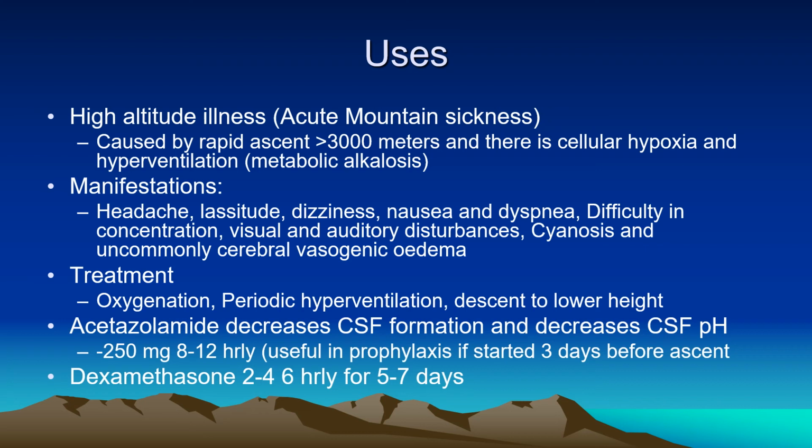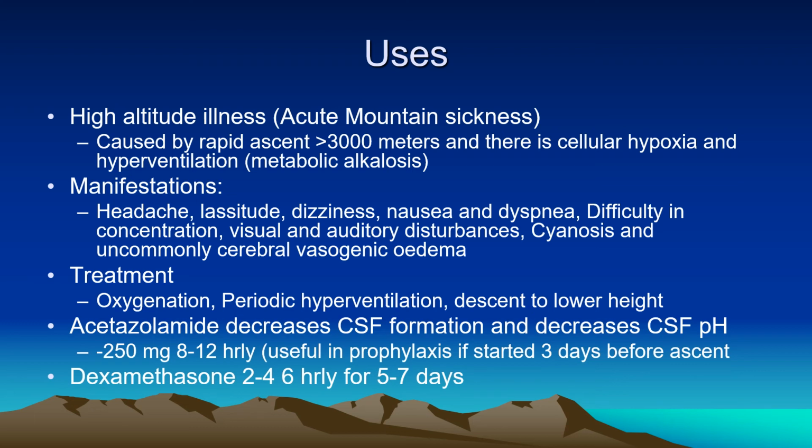Now, these manifestations would depend on the rapid rise of the ascent: headache, lassitude, dizziness, nausea, dyspnea, difficulty in concentration, auditory and visual disturbances, sometimes cyanosis, and uncommonly vasogenic cerebral edema. Treatment is oxygenation by face mask, periodic hyperventilation, and descent to lower height. Descent to lower height is very important.